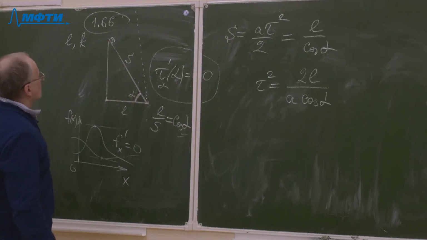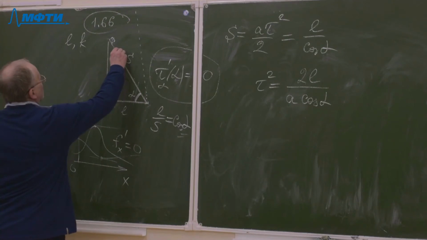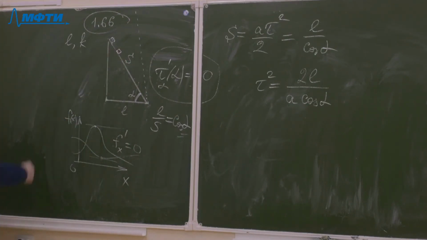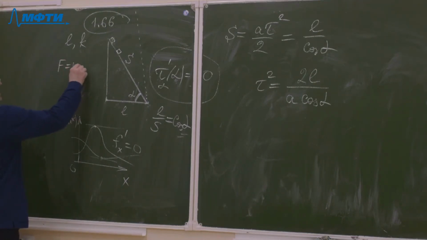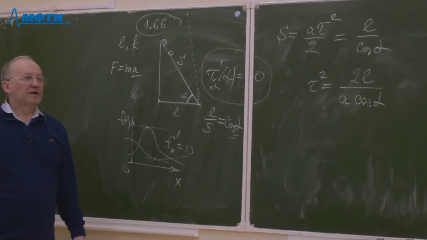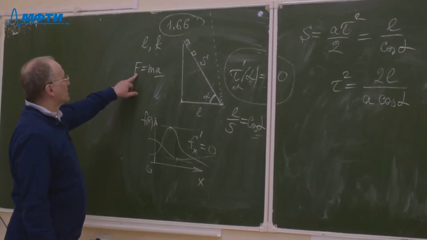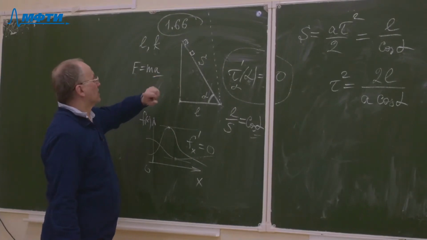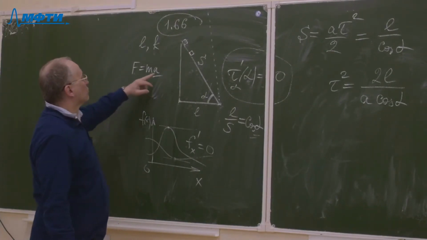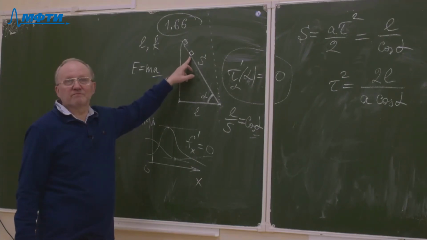So the acceleration as a function of alpha: in order to determine acceleration, we have to use Newton's second law, F equals ma. We have to understand what forces act on this body, and we have to find the net force, the vector sum of all forces acting on the body.